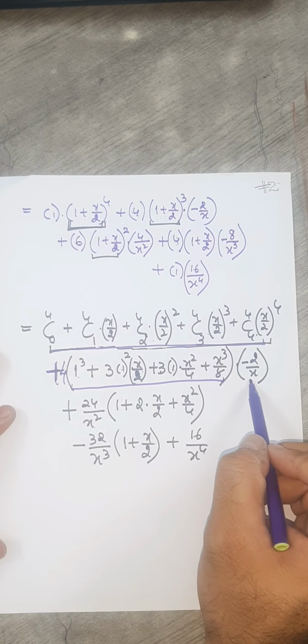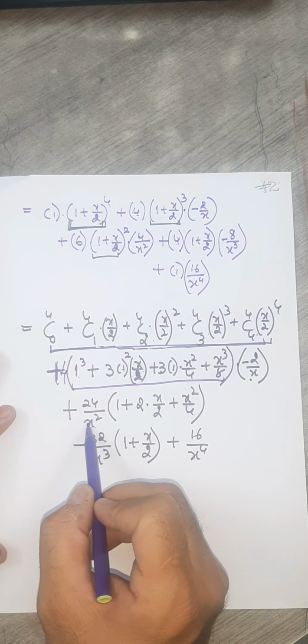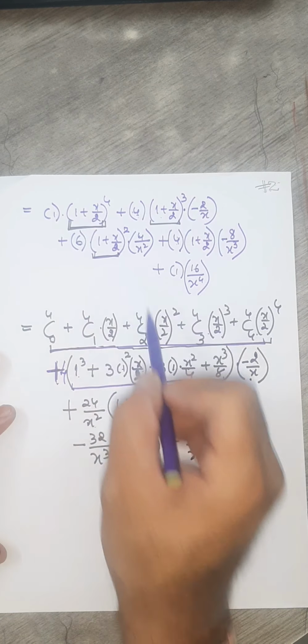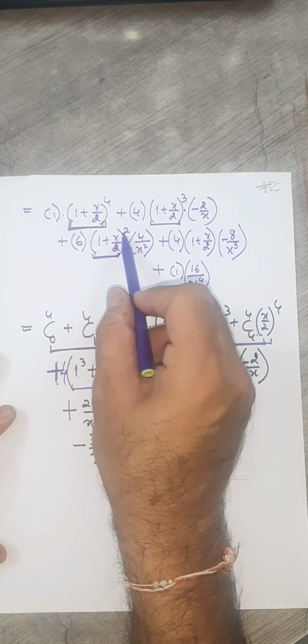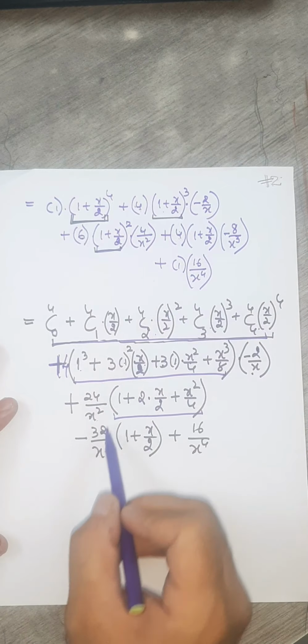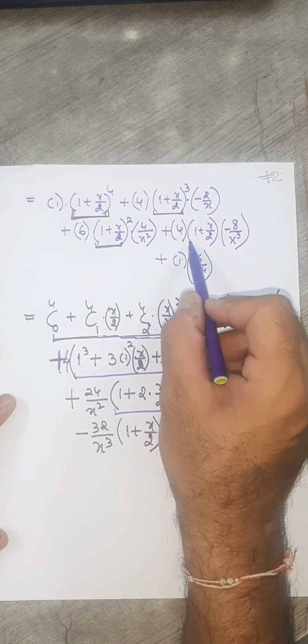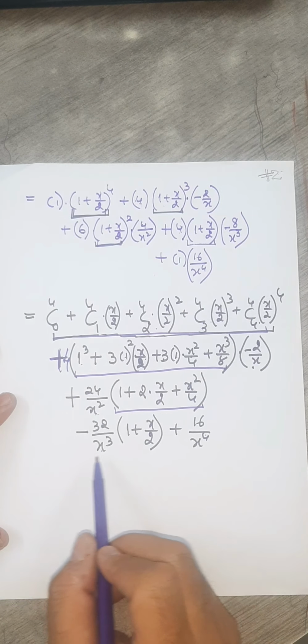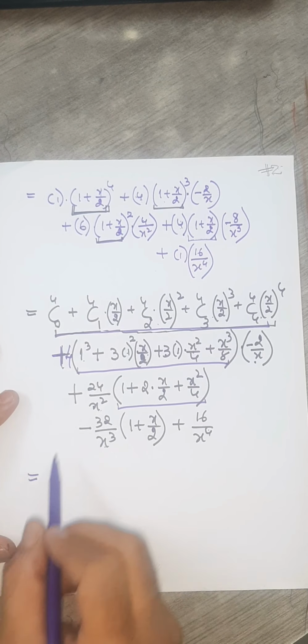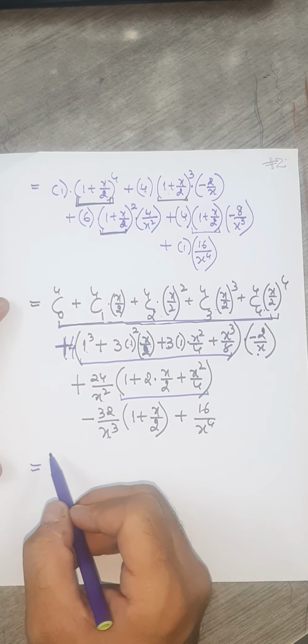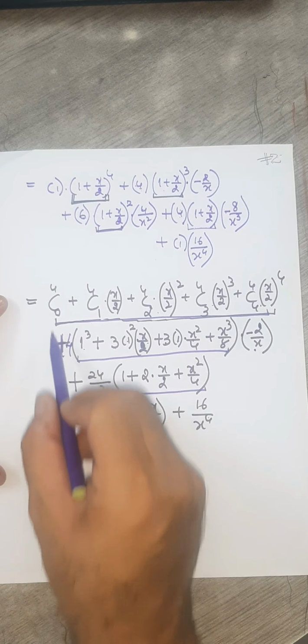Minus 2 by x. 6 4s are 24 by x squared. This is the expansion of this one. 8 4s are 32 with minus sign. This one as it is and this one. Now again you need to put all these values and simplify. So that I leave it to you.